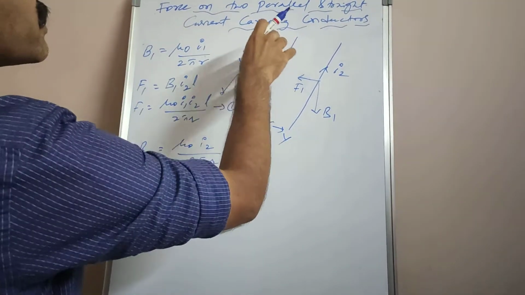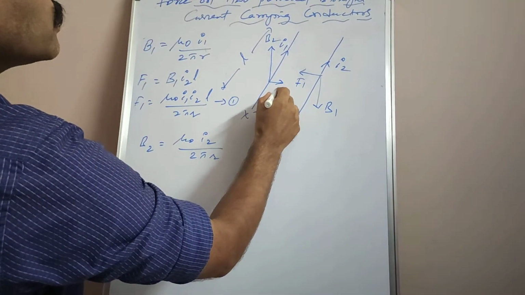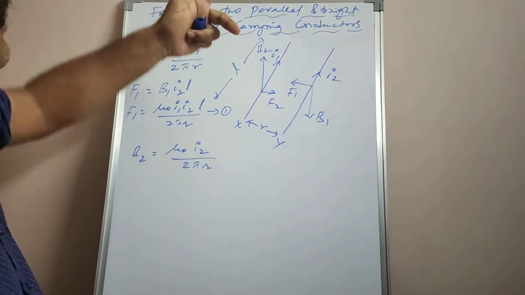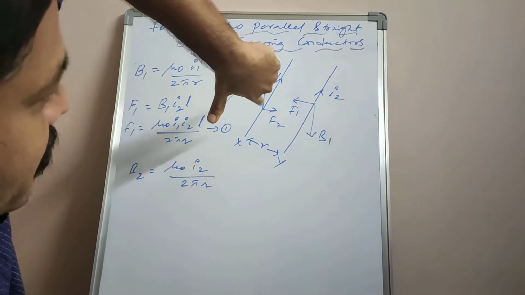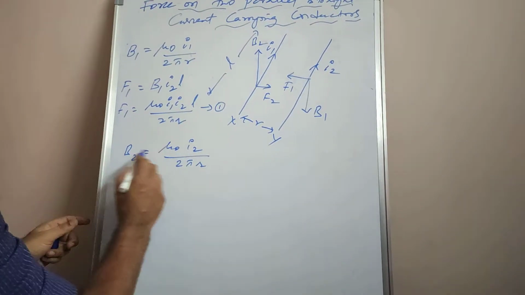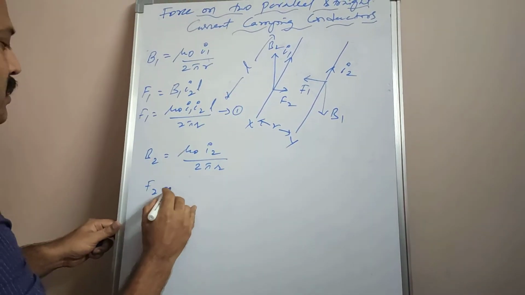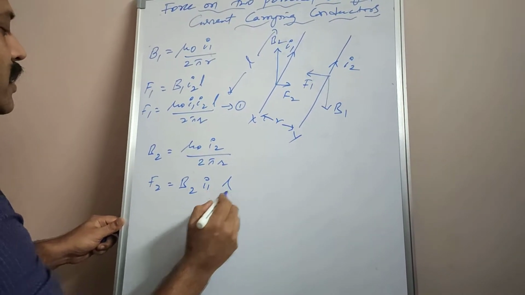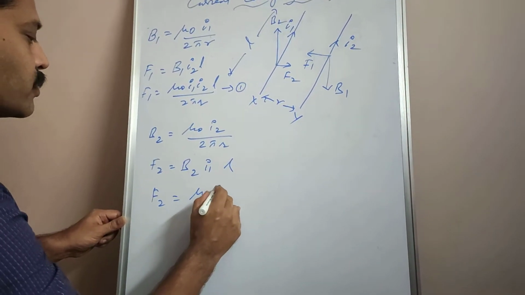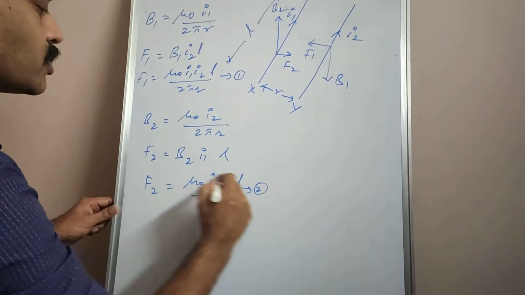When you place the first conductor in the magnetic field produced by the second conductor, it will experience a force acting in this direction. You can take this as the direction of the current, this as the magnetic field, and this as the force. So the force experienced by the first conductor F2 is equal to B2 I1 L. Substituting, you will get F2 equal to mu naught I1 I2 L by 2 pi r. So that is equation 2.